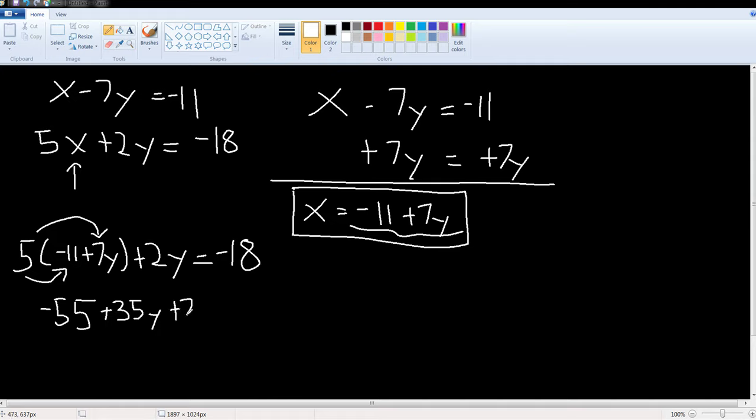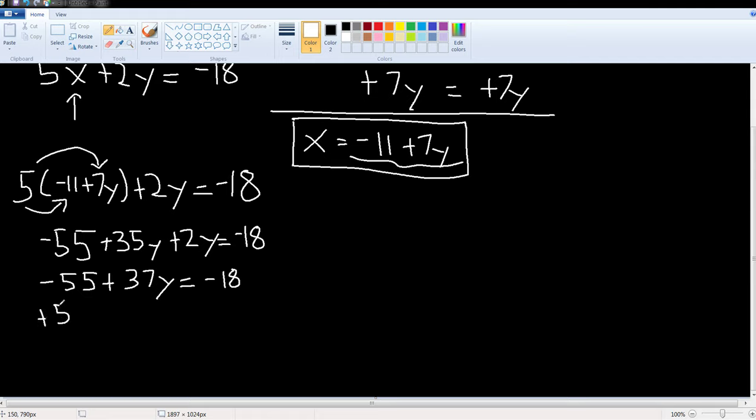So this is just plus 2y. It's all equal to minus 18. Now if we simplify this further, we'll get negative 55 plus 37y, because 35y plus 2y is just 37y, still equal to negative 18.